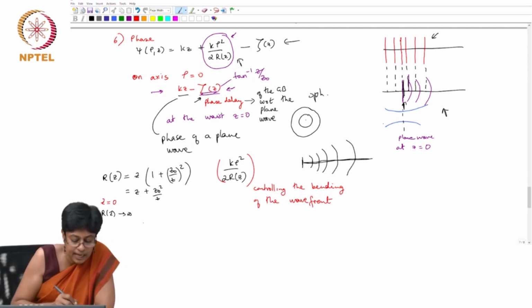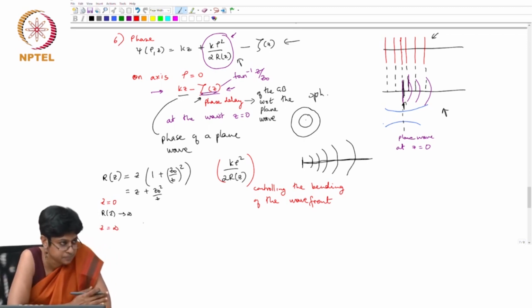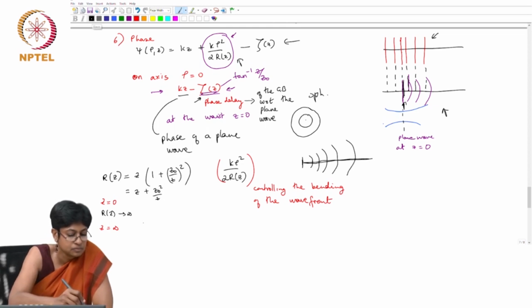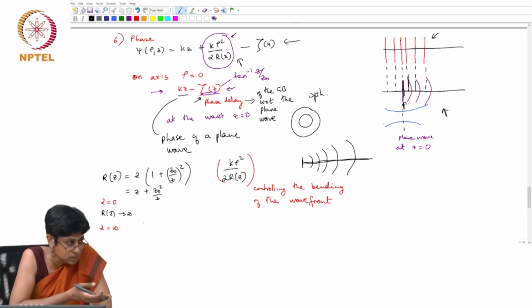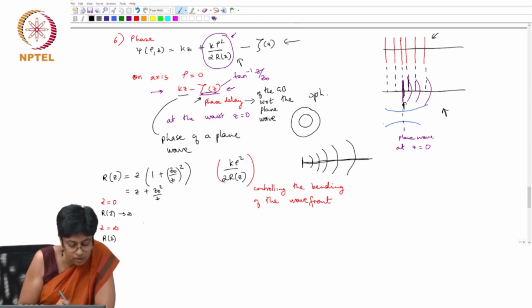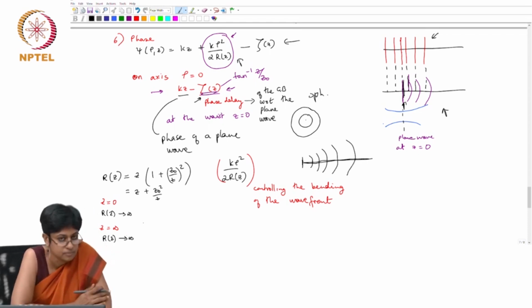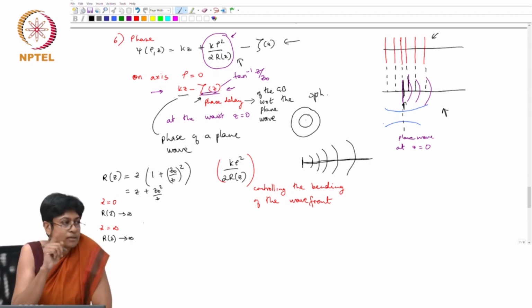What happens at z equal to infinity, very far away from the waist? In this case, the first term blows up, whereas the second term vanishes. So the result is the same, R of z tends to infinity. And what does R of z being infinite imply? What kind of beam is that?